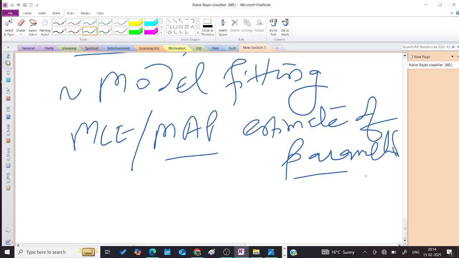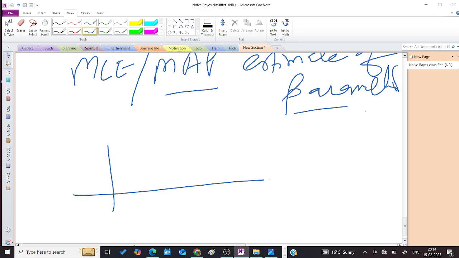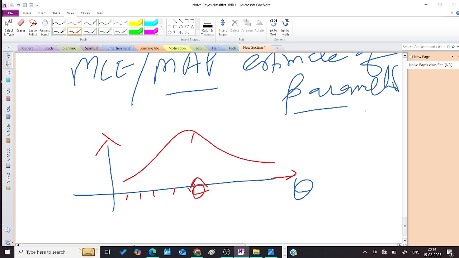So what I actually mean is, suppose this is the parameter, and we are trying to find theta hat, which will be the best for our model, right?